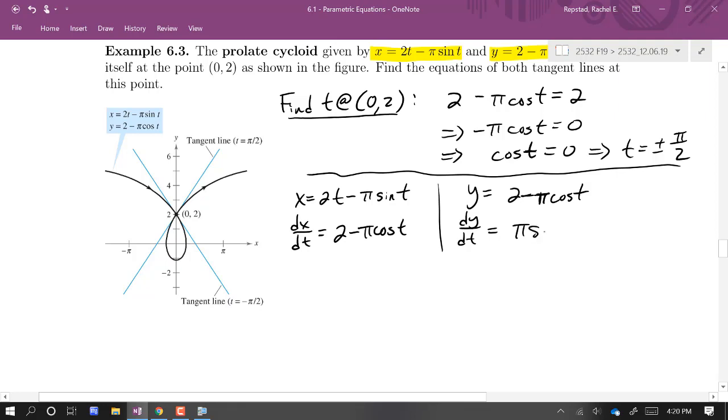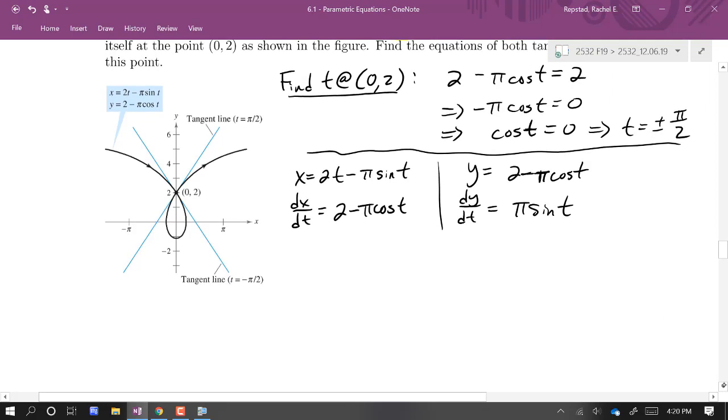Pi sine t. Yep. So we put this together. dy dx. Okay, so dy dt goes on top, so that's pi sine of t over dx dt, 2 minus pi cosine t.